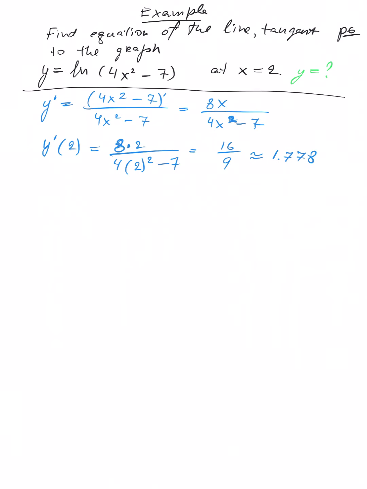Then when x is equal to 2, we evaluate y of 2 equals ln of 4 times 2 squared minus 7, which gives me y of 2 equals ln of 4 times 4, 16, minus 7, 9.